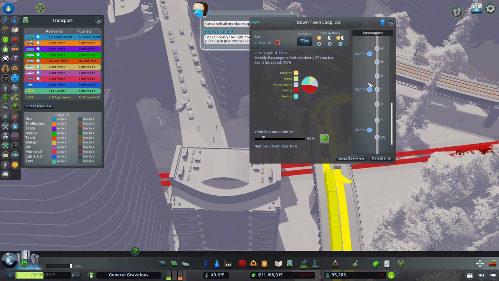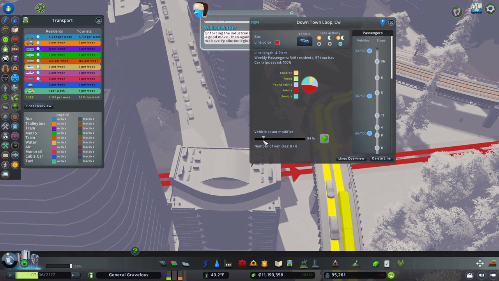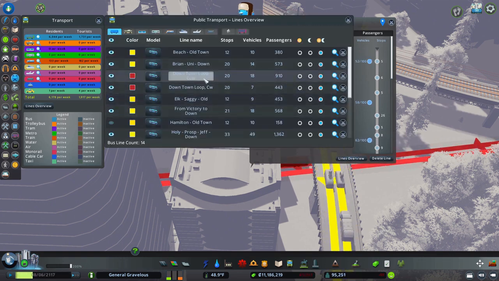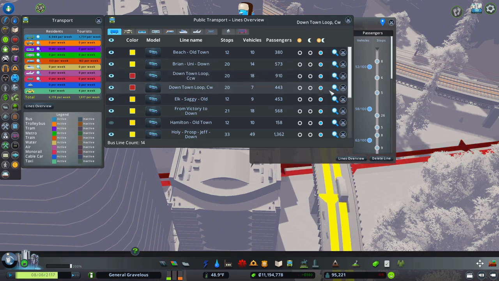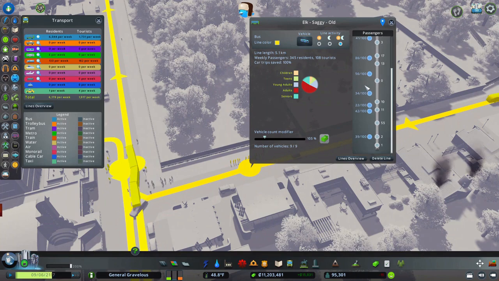Here we do have some over delivery, so let's go to 7 with that one. For some reason, the counterclockwise is working better. Don't know why. It's the same route anyway. There is also some over delivering.